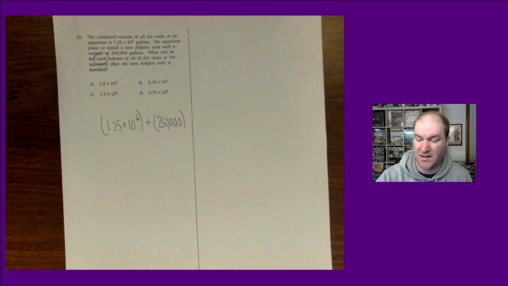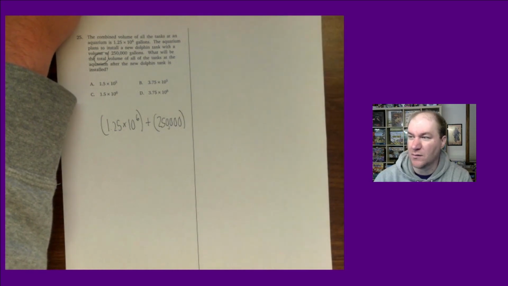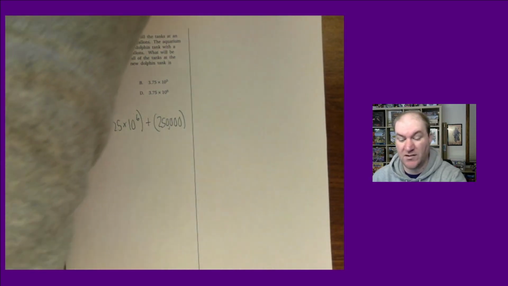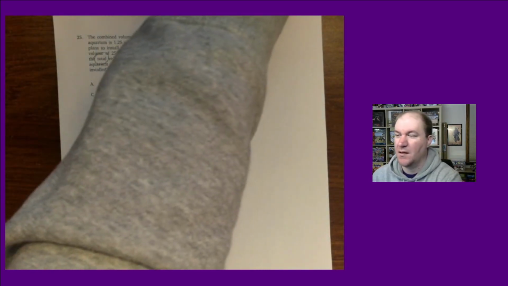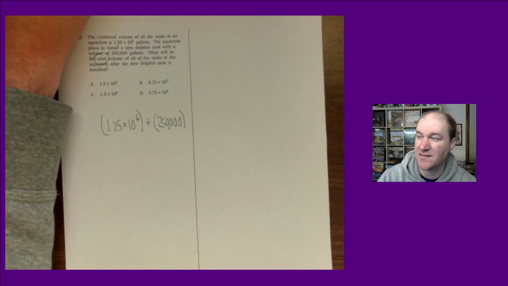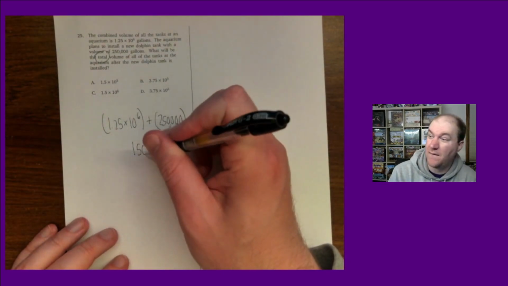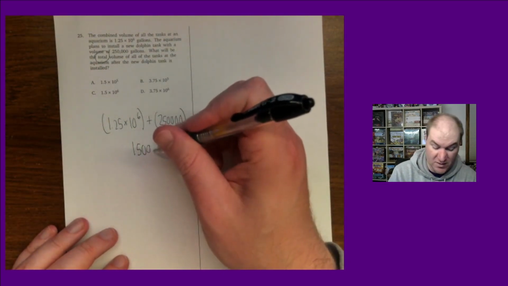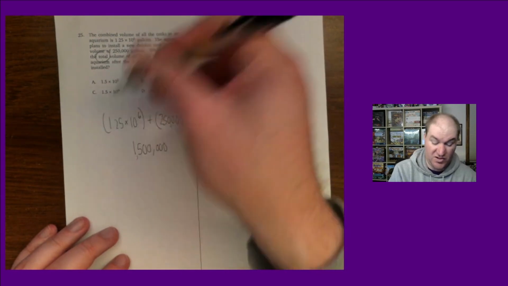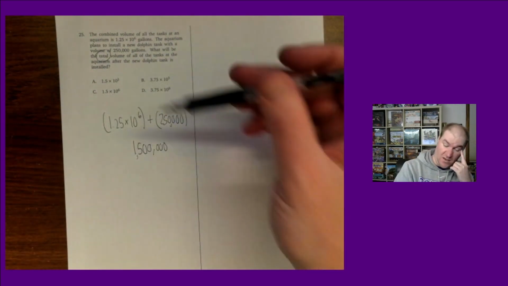So I'm going to type that on my calculator. Oops. Would help if I typed it correctly. And when I'm done, my calculator says the answer is 1,500,000, which is not one of the choices because they put the answers in scientific notation.